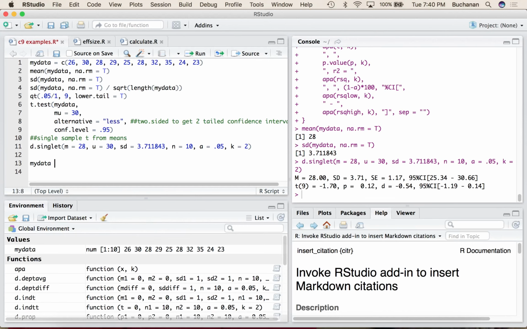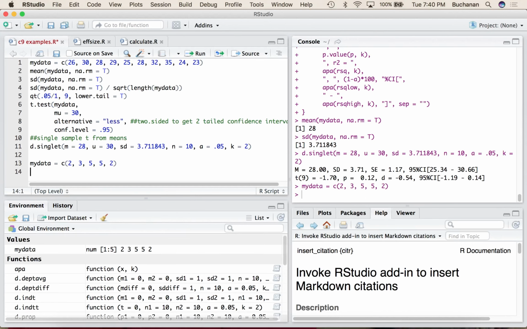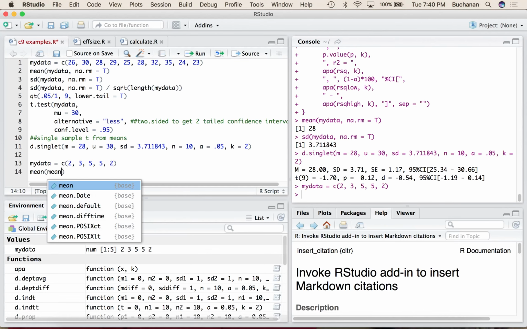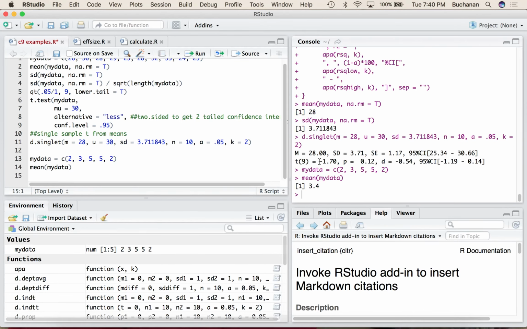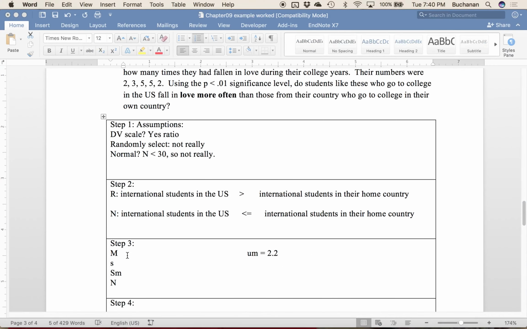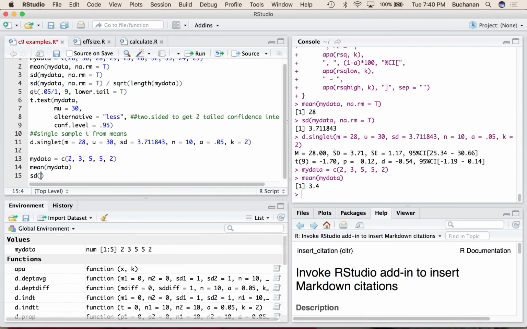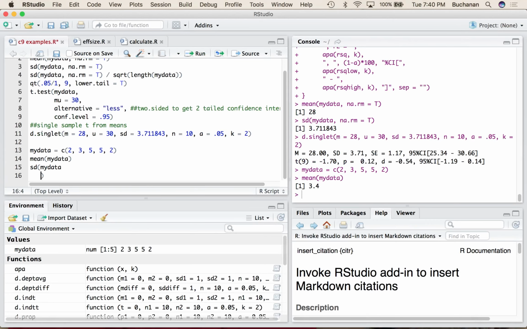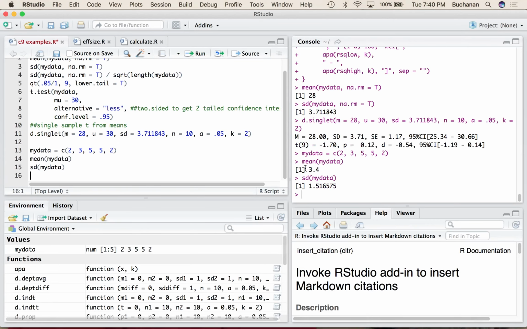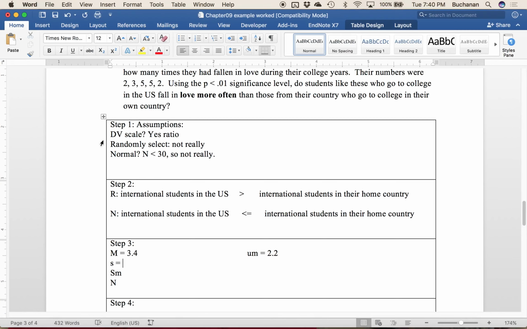I can just call it my data again because I'm not using the original numbers. So I'm going to get the mean of my data. And it's 3.4, so they're falling in love 3.4 times. Right, let's get that standard deviation. So standard deviation of my data, it's 1.52.